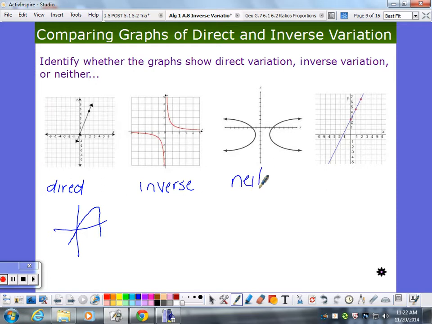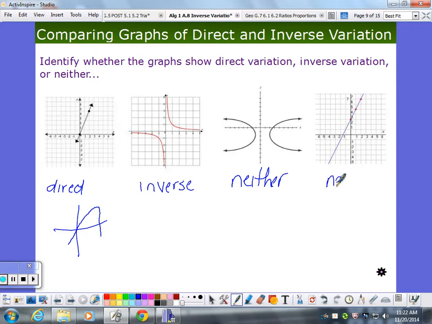Because it's touching the x-axis. It's not direct variation because it's not a straight line. It's not inverse because it's crossing. Awesome. Is this even a function? Look at this guy. Is that a function? It's not even a function. Right? It's not an inverse. It's not a direct. What about this guy?